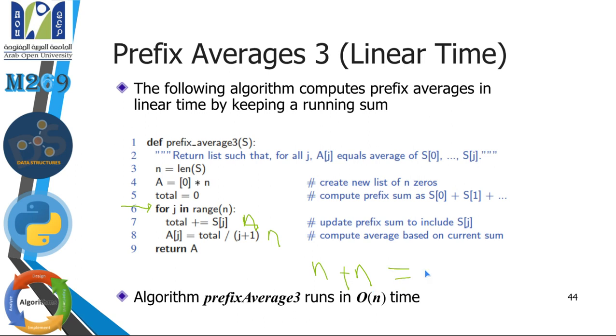So the big O notation of this code is O of n. Yes, 2n. But because we don't consider the constant, we cannot say O of 2n. We say O of n.